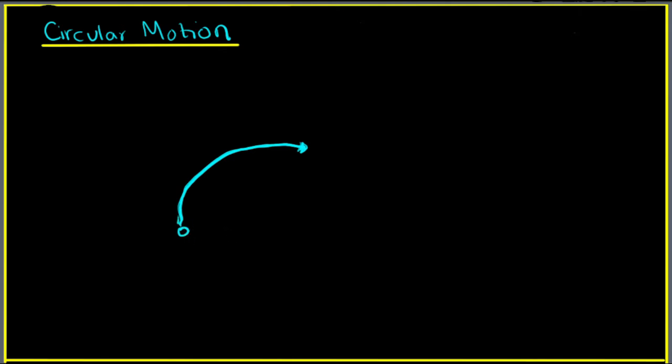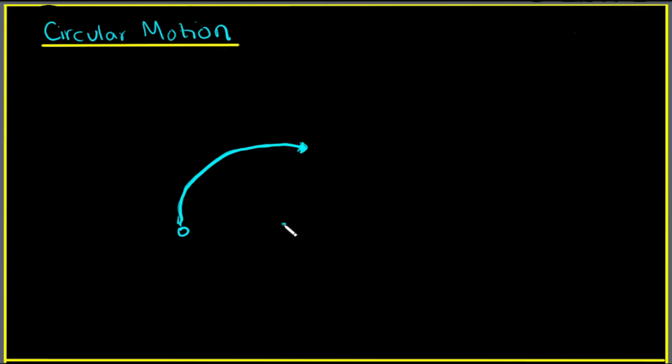We need to understand why things do this, or make this circular motion. It is because of a few reasons. The circular motion is basically happening because there's a constant force that is always acting towards the center of the circle. So for example, this object is moving in this curve. There has to be a center of this circle that this curve is the circumference of, right?